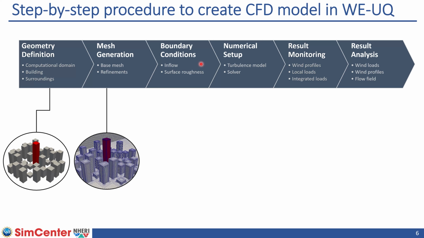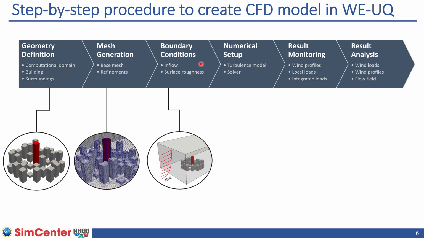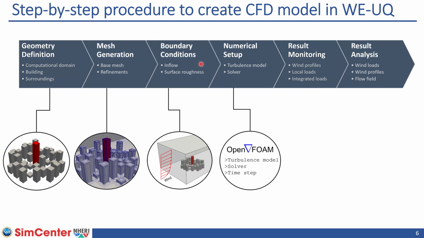Once we make sure that the meshing is completed, the next step will be to define the boundary conditions, which include the inflow or surface roughness boundary conditions. After completing this step, then we need to specify numerical settings, such as the type of solver that we're going to use, the time step, and the number of iterations per time step for the type of solver that we already selected.